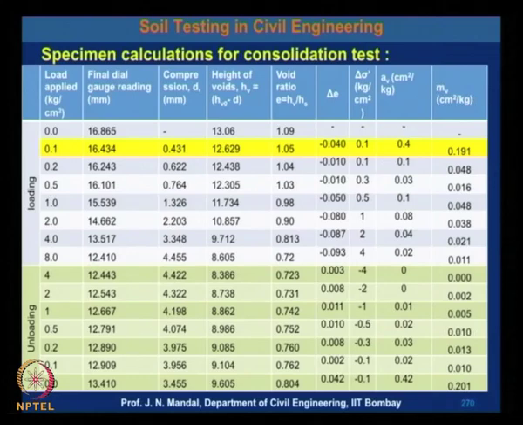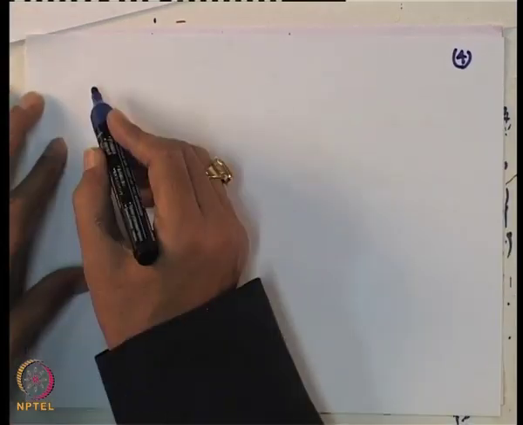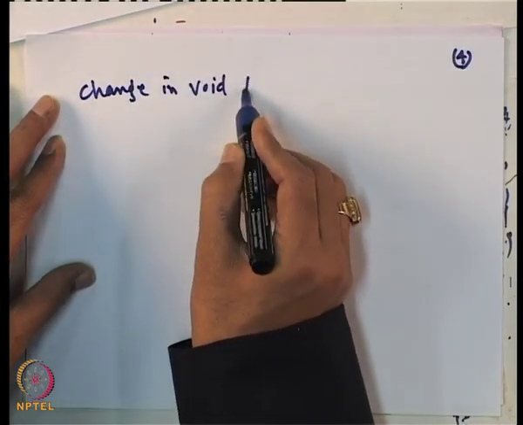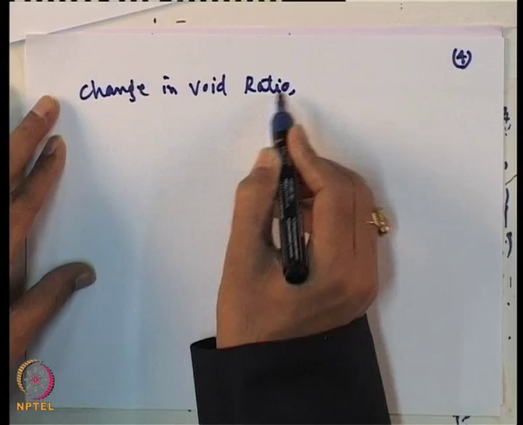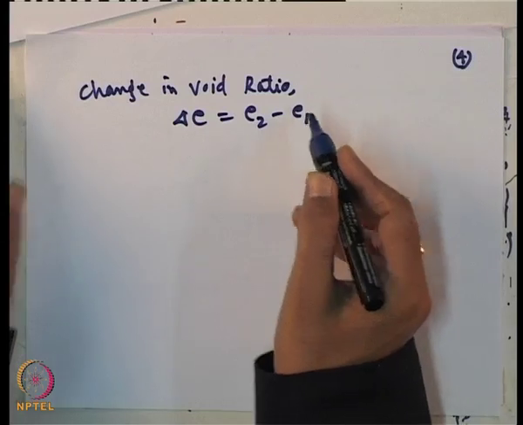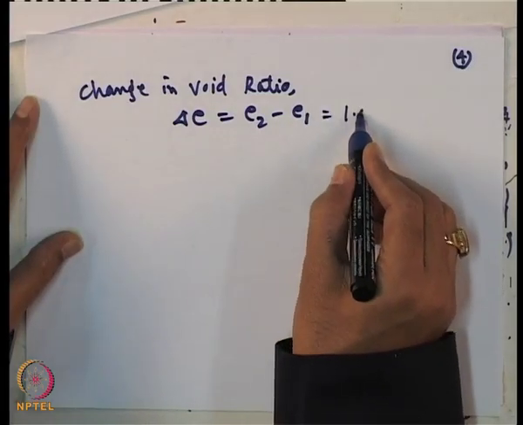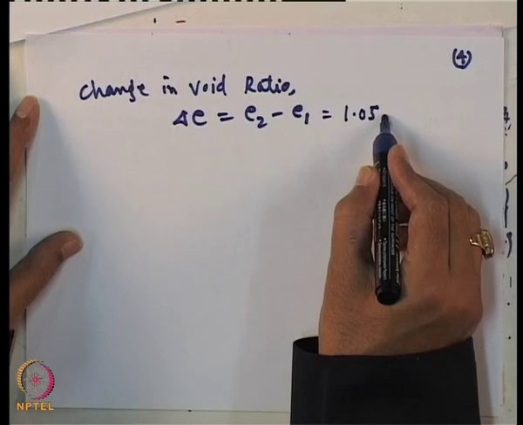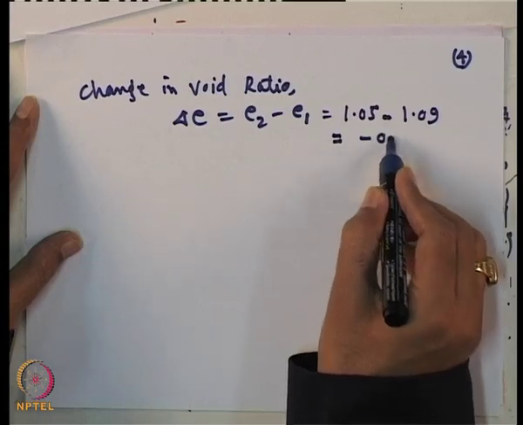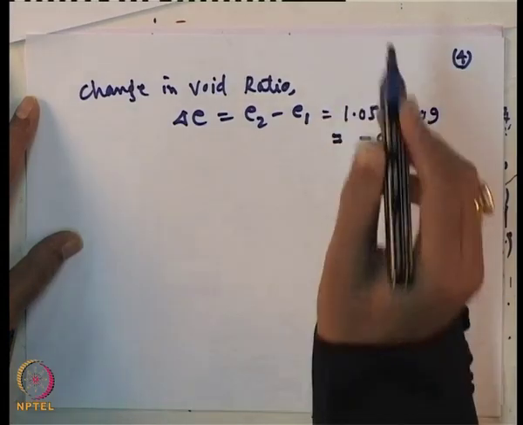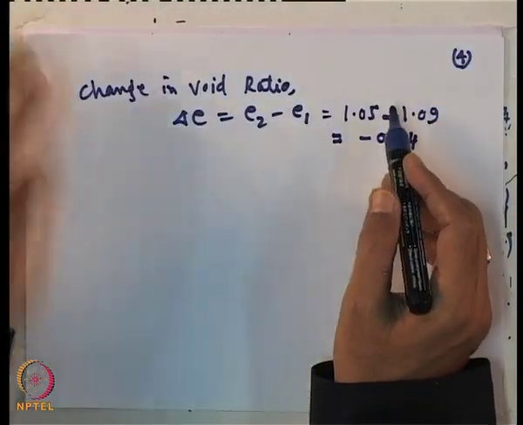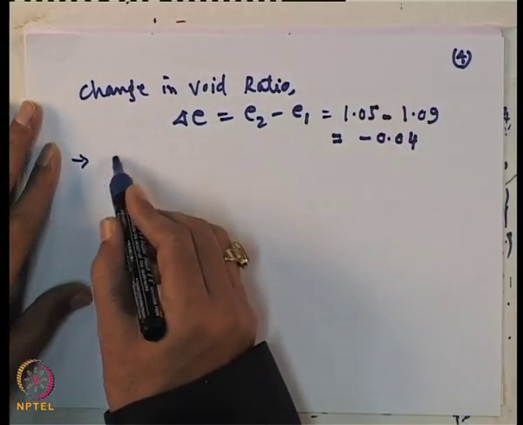Let us say the change in void ratio, that is delta e, is equal to e2 minus e1, that is 1.05 minus 1.09. So this will be minus 0.04, what I showed you in this table, that is the change in void ratio.